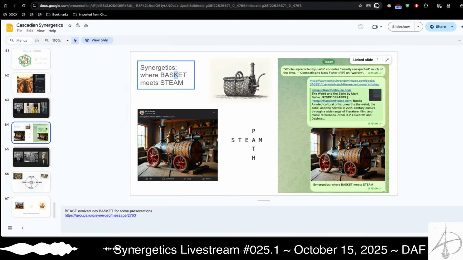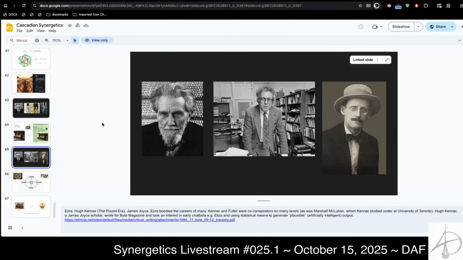And here are some images that we were exploring maybe earlier this year or last year around this kind of basket steampunk where path and steam come together. And A could be inserted into STEM for STEAM for art, and also for anthropology in the path.